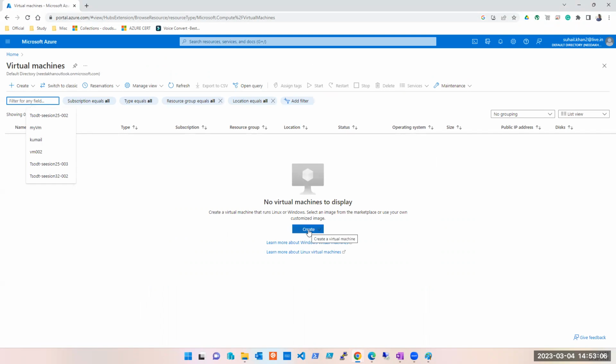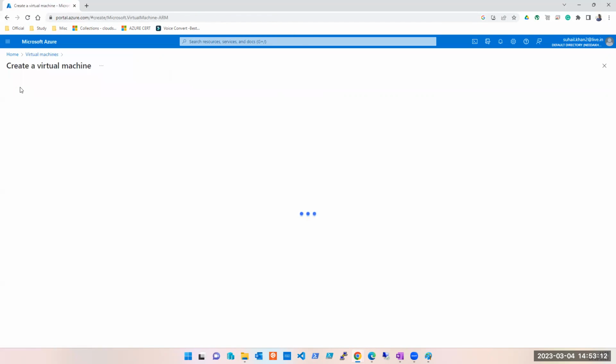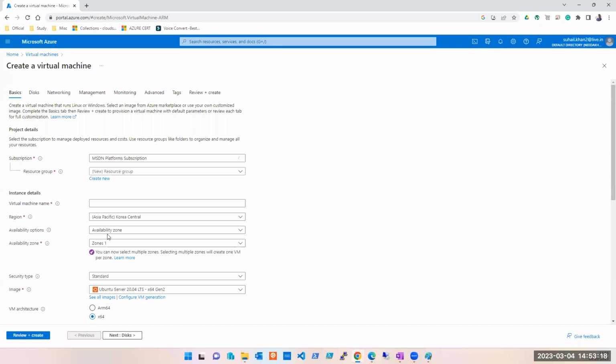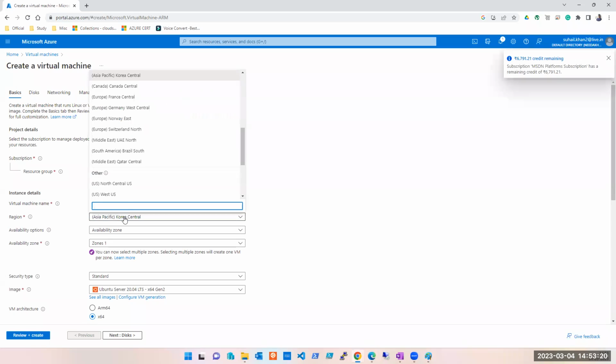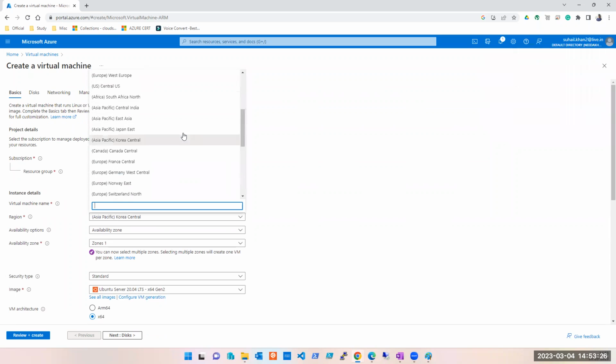So if I'm creating a new machine here, this is the region I'm talking about, guys. You see how many regions are there? And not all of them have availability zones available.